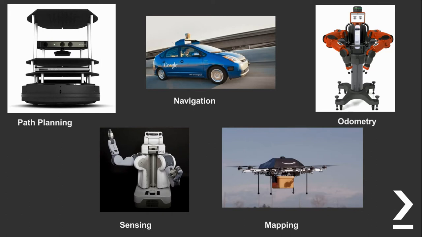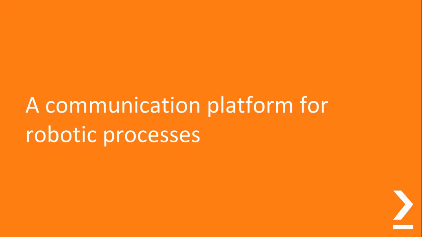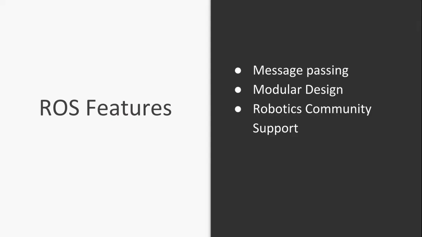Now, ROS saves us some trouble, because ROS is actually a communication platform for robotic processes. So this helps you to write code that is modular. So ROS handles the communication piece, so you can focus on what actually matters. Now, one of the core components of this robot operating system is ROS's message passing system.